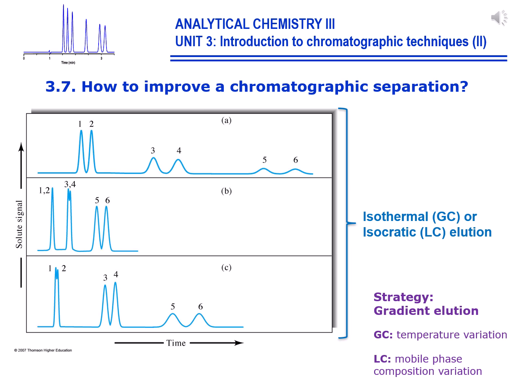It's necessary to apply a gradient elution. In the case of gas chromatography, the modification is done by changing the temperature, in other words, establishing a temperature program changing with time. In the case of liquid chromatography, the composition of the mobile phase is modified over time. We're going to see all these situations later on.